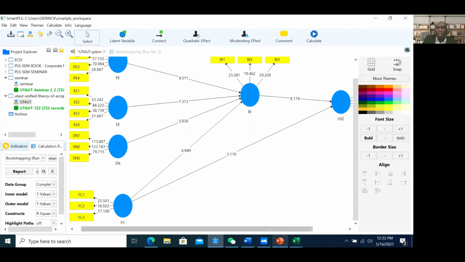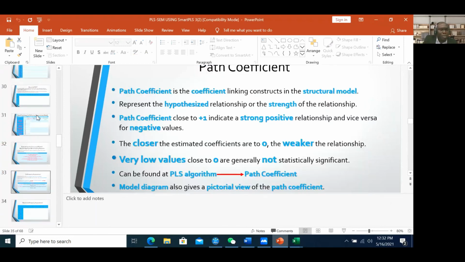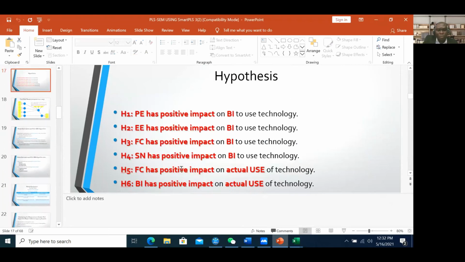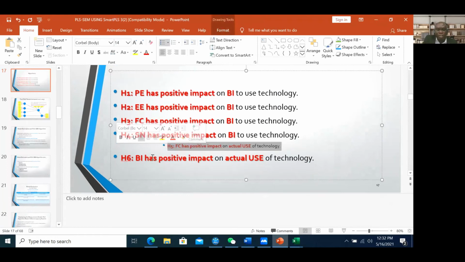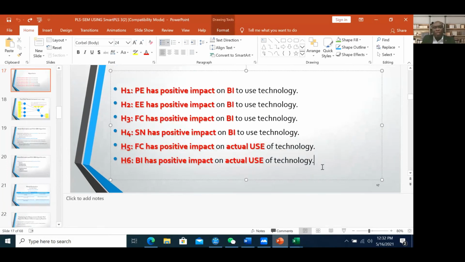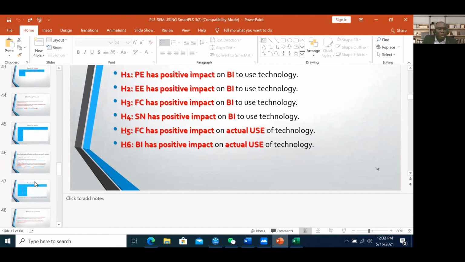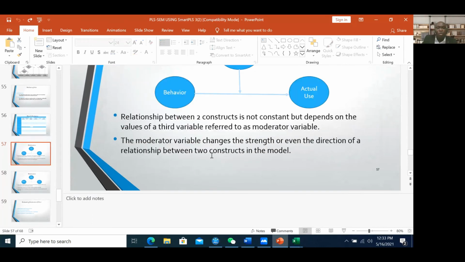We can go back to our hypothesis. I think we didn't put that hypothesis here. There could be a hypothesis that FC mediates the relationship between BI and use, and then we would have said that it's supported based on those values.